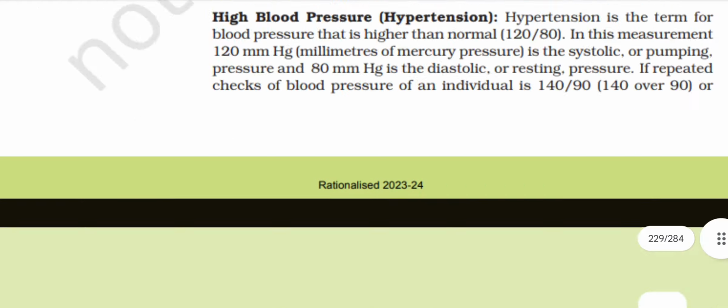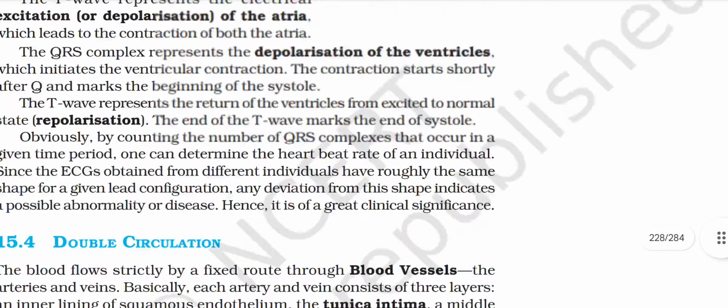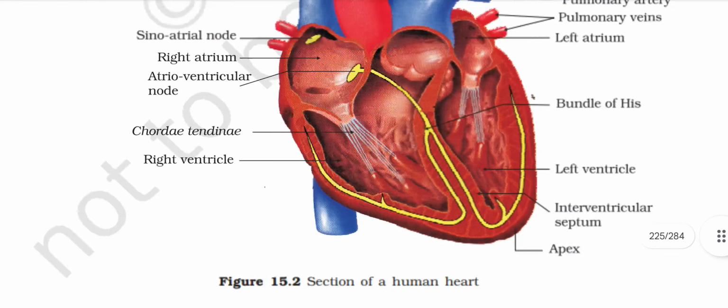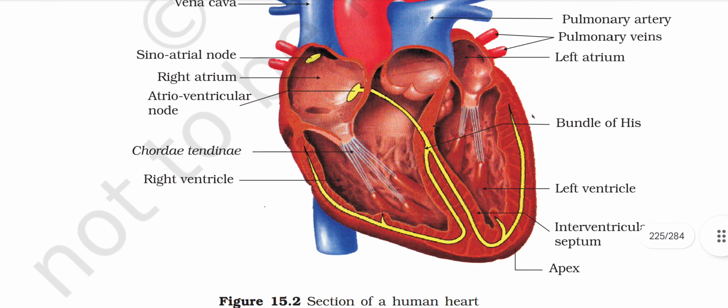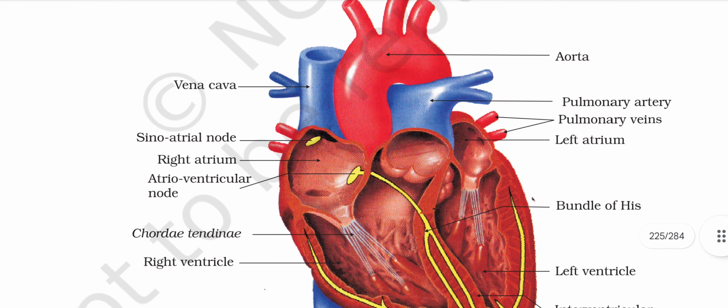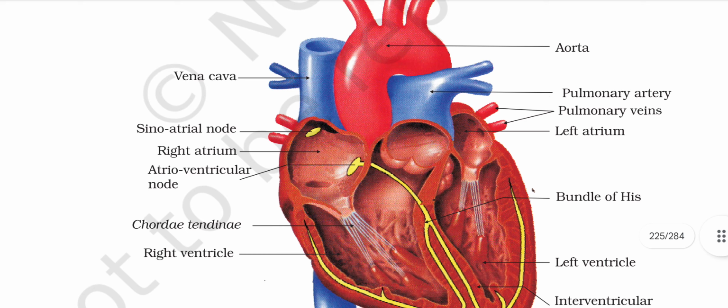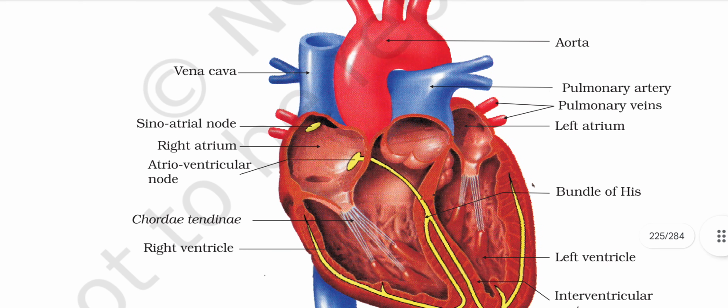At last we will see the diagram of the heart, which we have skipped earlier. Here it comes, a section of the human heart. The vena cava is the blue one, which brings the deoxygenated blood from the whole body.